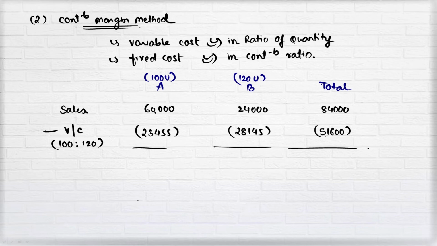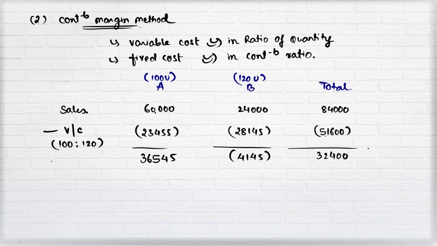You have distributed total joint cost, or you have distributed just variable cost? I have just distributed variable cost. What will be contribution as far as this is concerned? 36,545. And this will be negative 4145. What is total? 32,400.